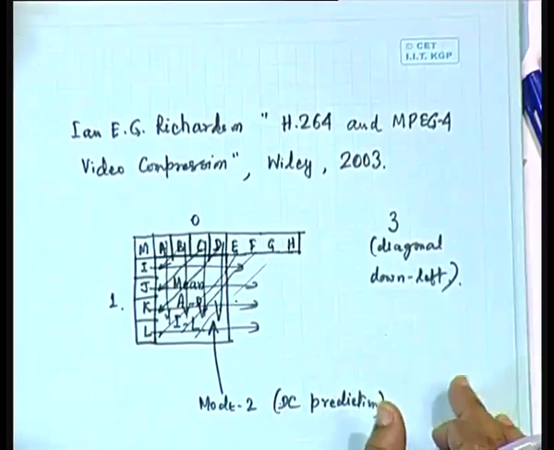If you are having predominance of horizontal stripes, go in for mode 1 propagation. And if you are having some kind of diagonal stripes, go for mode 3. So, like this it is to be decided.